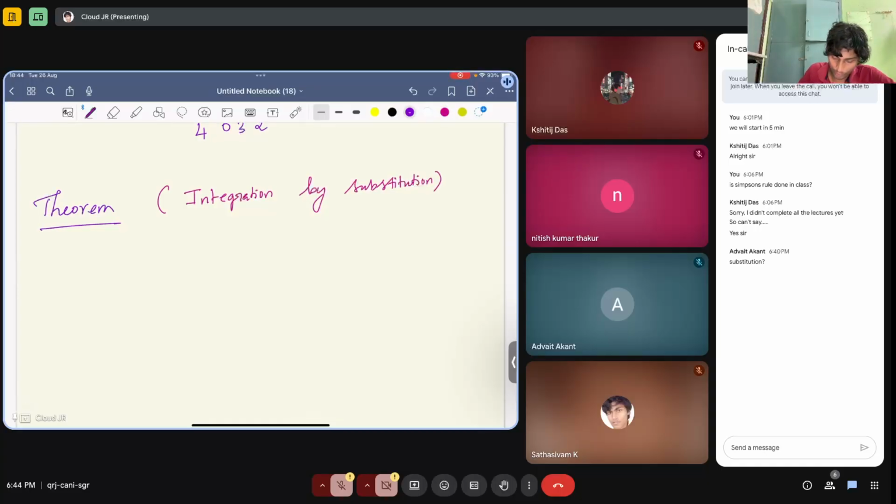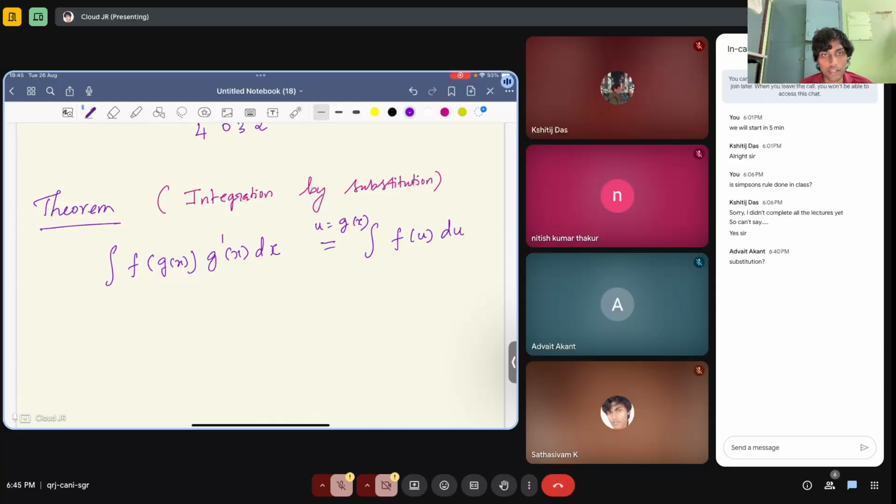So the theorem is, if you have an integral f of g of x, g prime of x dx, this is nothing but integral f of u du, and you have the substitution u equal to g of x.